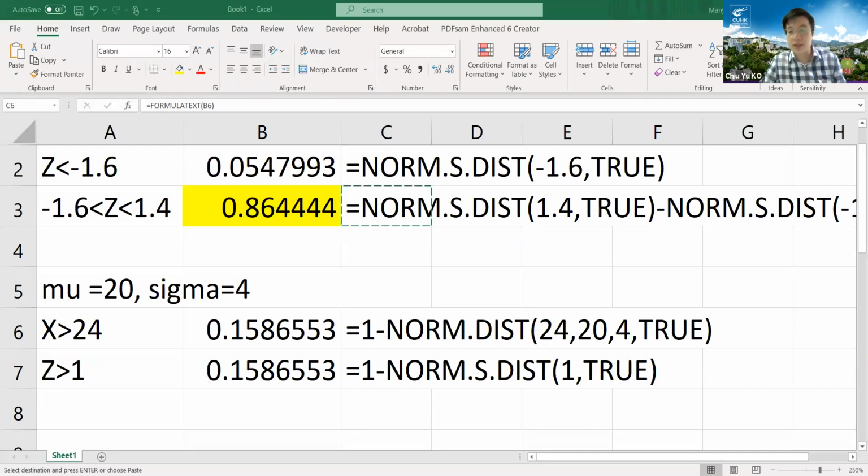Oh, because it's less than, right? So that's why, when you want to calculate more than, but the function or the table gives you less than, that's why it's 1 minus.